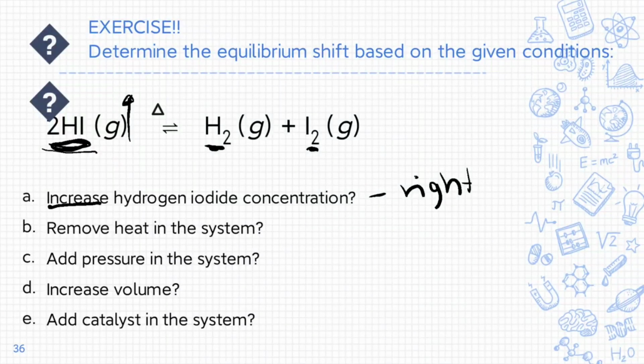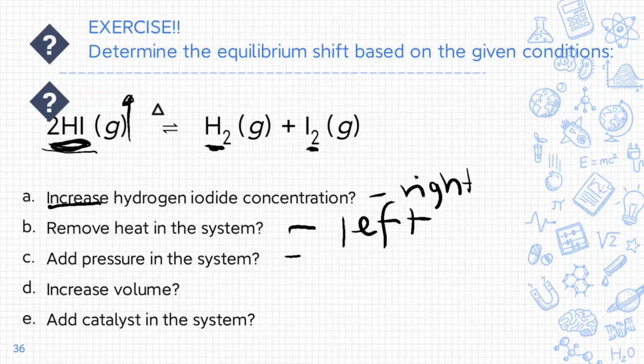So, endothermic reaction, and if you remove the heat on endothermic, diba? Endothermic reactant, breaking of bonds. So you remove that, it shifts to the left. Pag naman nag-increase, shifts to the right. So basically, nag-remove ka or decrease temperature, it shifts to the left.